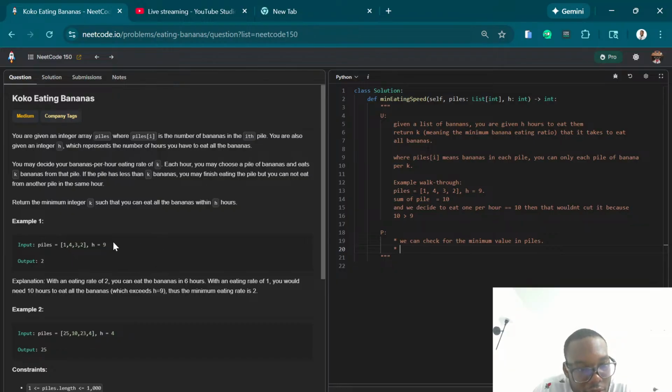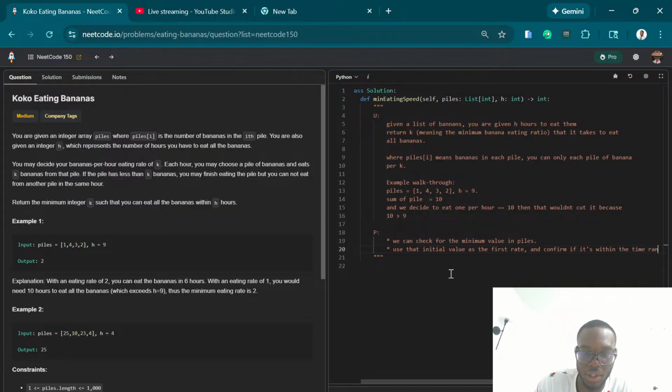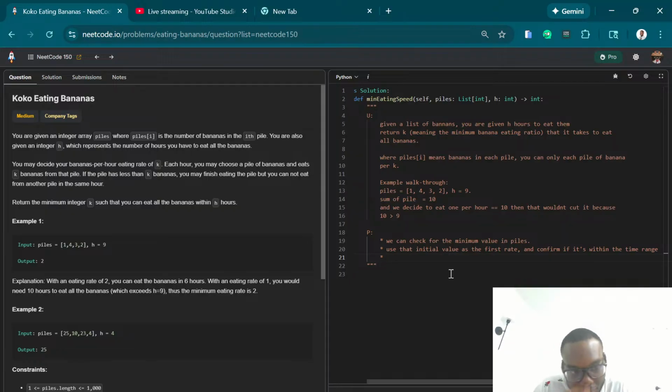And if we do that as the rate with each pile, then we would do like, okay, so that would be something like, for example, 1, but then 1, that would be 1, right?